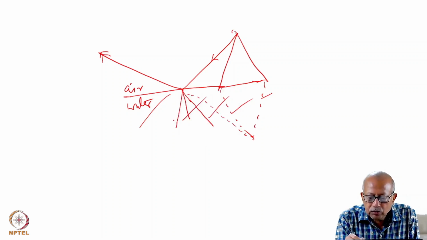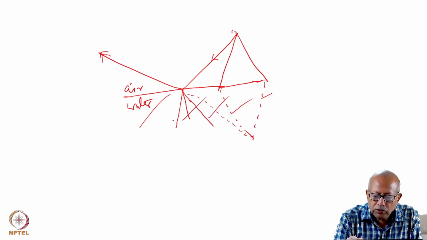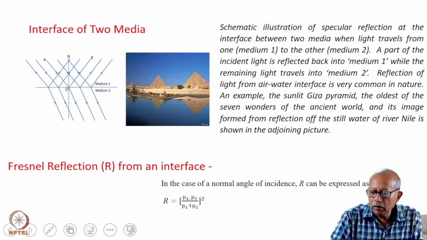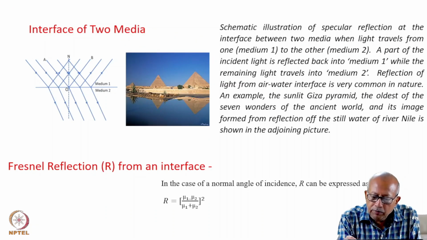Rest of the light actually escapes into the water. And that is why the image is not as bright as the sunlit object.